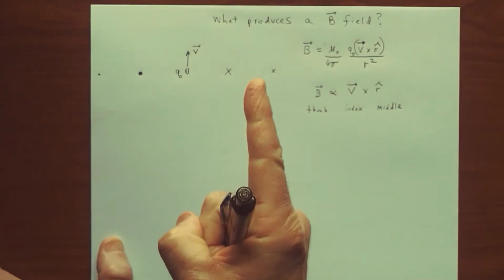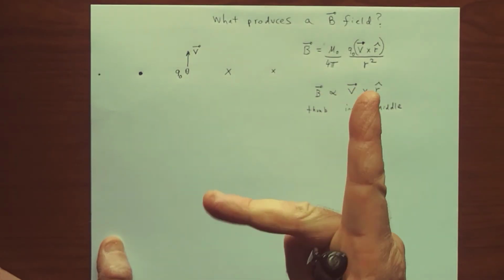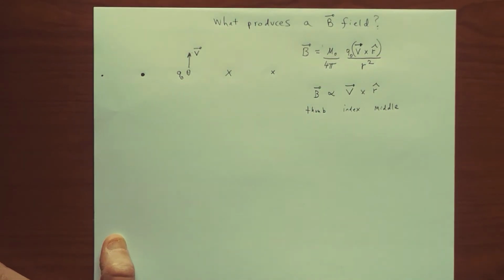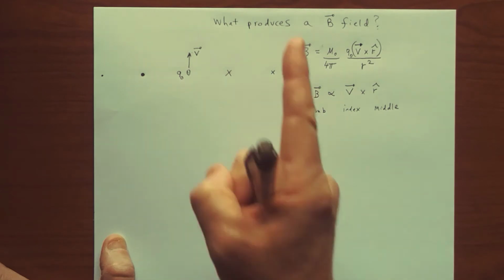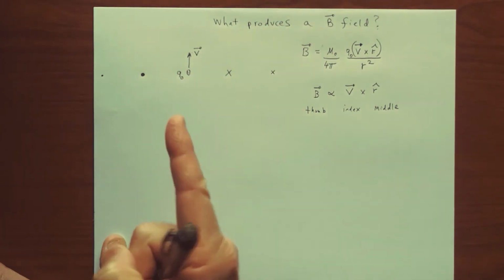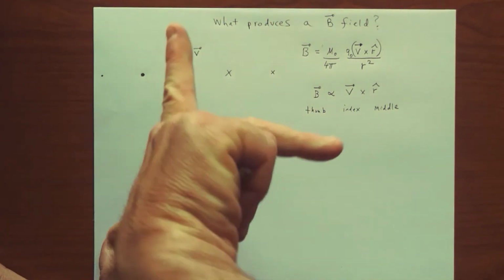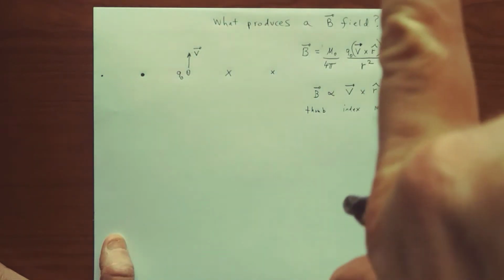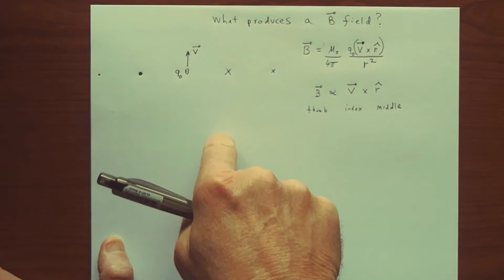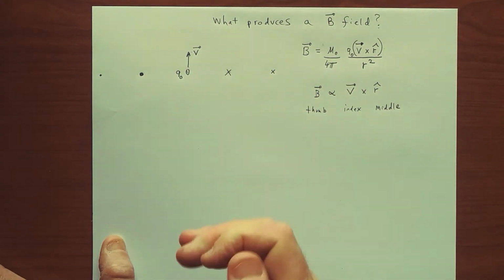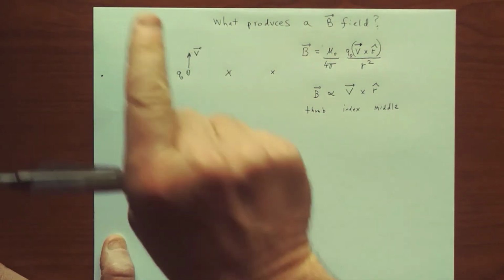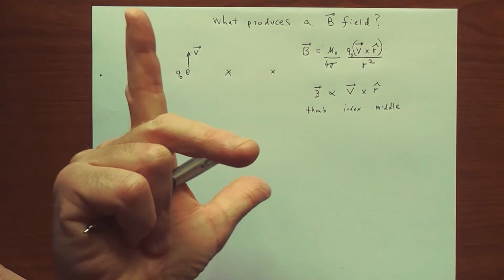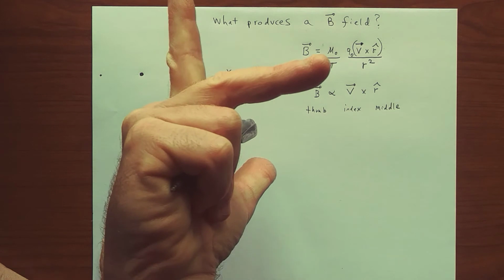So velocity that way, my index finger. The middle finger represents the r hat, the direction to where I want to know the field, and so I have to point that way. I want the field over here to the right, and my thumb is pointing into the page, and that's why I have an X. And that's true of any location to the right because the velocity is that way, and my middle finger is pointing to the right, and so my thumb points into the page.